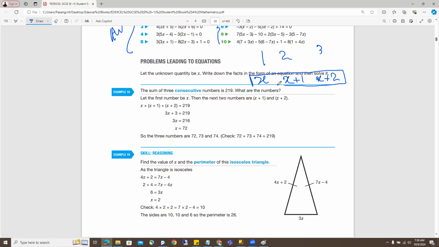So this is okay for any three consecutive numbers. Is it clear? Yes, miss. x, x plus 1 and x plus 2. Now what will happen?